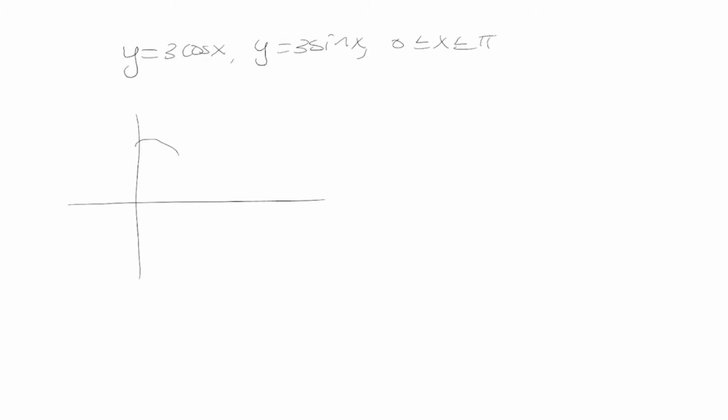So cosine is going to look something like this, and sine is going to look something like this. So notice from 0 to this intersection is going to be pi over 4. Cosine is greater, so that's going to be at the top.